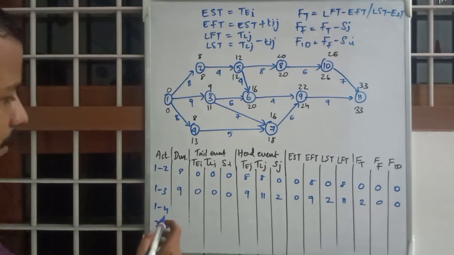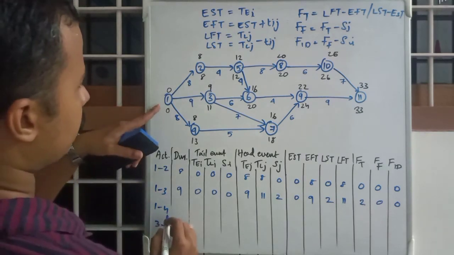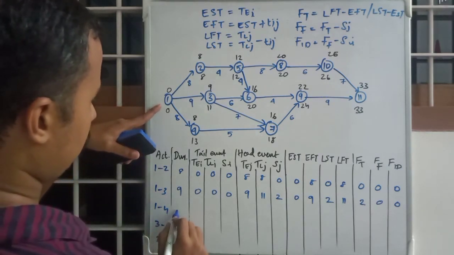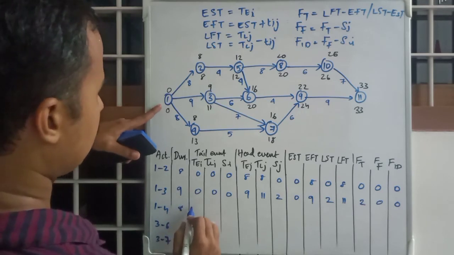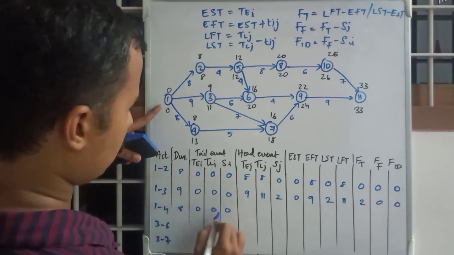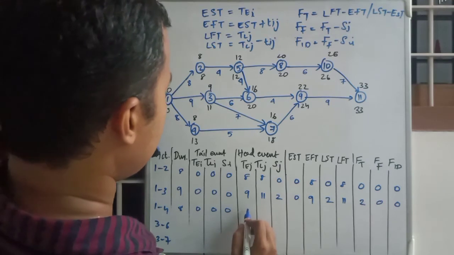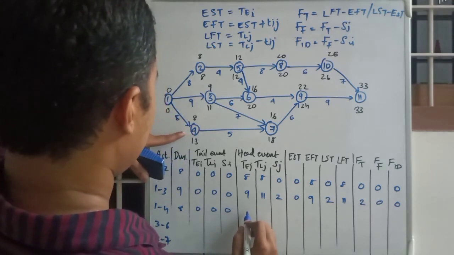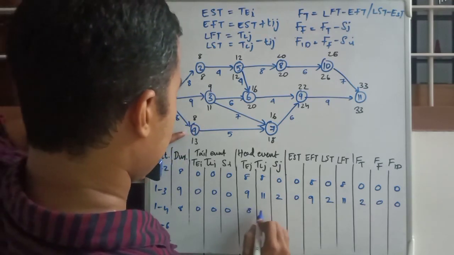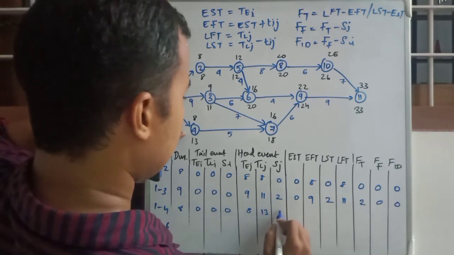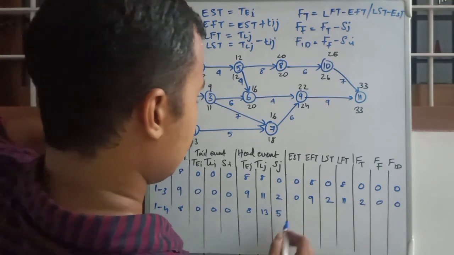Okay, in the same manner, 1 to 4. Duration was 8, tail event 0, 0, 0. Head event 8, 13, 5.